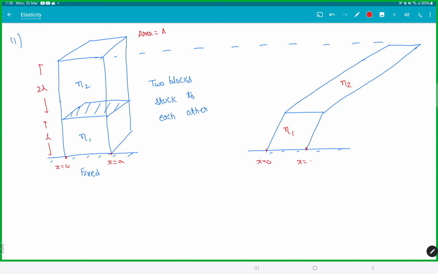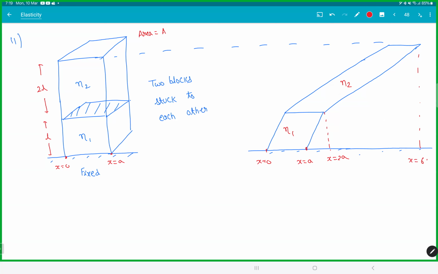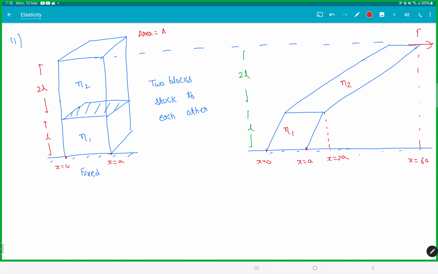This was x is equal to A. This was x is equal to 2A. This was x is equal to 6A. Right? This was L, this was 2L, and this happened when you applied a force F. So when you applied a force F, this is what happened, and this is a steady state. So the system has finally reached equilibrium like this.